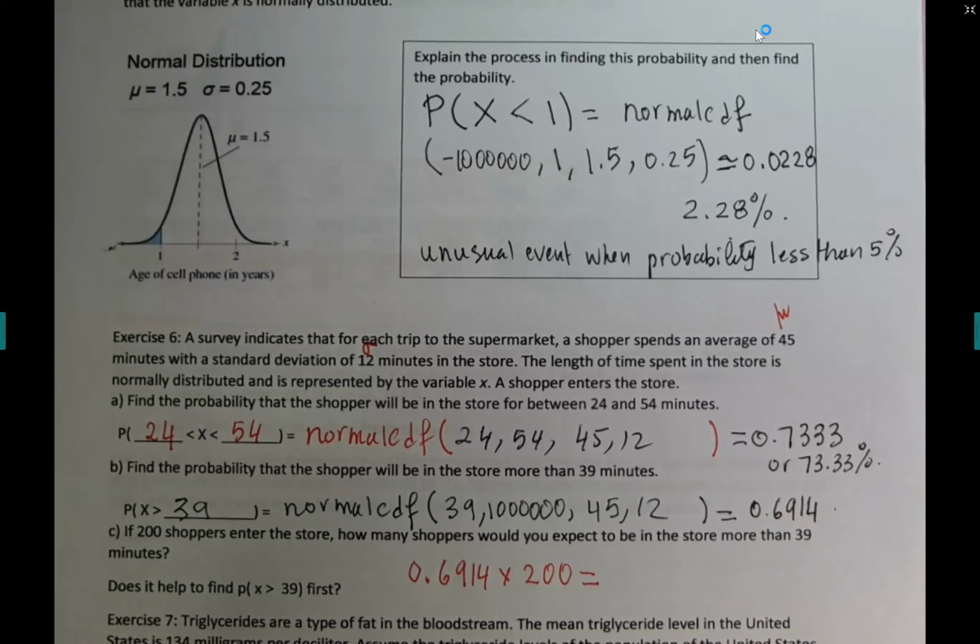If you rounded it, wouldn't it be 0.6915? What was the probability? Let me see. Because it was 0.69146. Oh, was it? Let me see. Just 1 second. Yeah, you are correct.